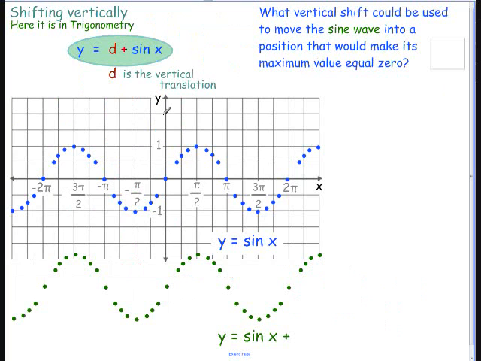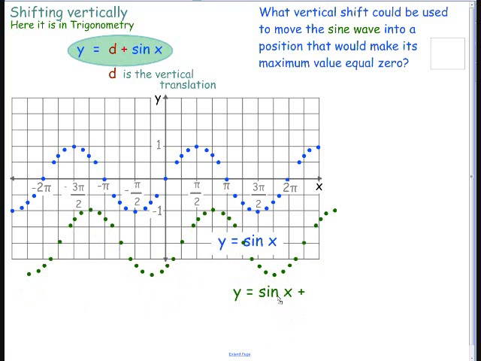Shifting vertically, we're going to do it in trig, and the way that happens is we have this vertical translation. So if I, oops, can I grab this thing? Yes.